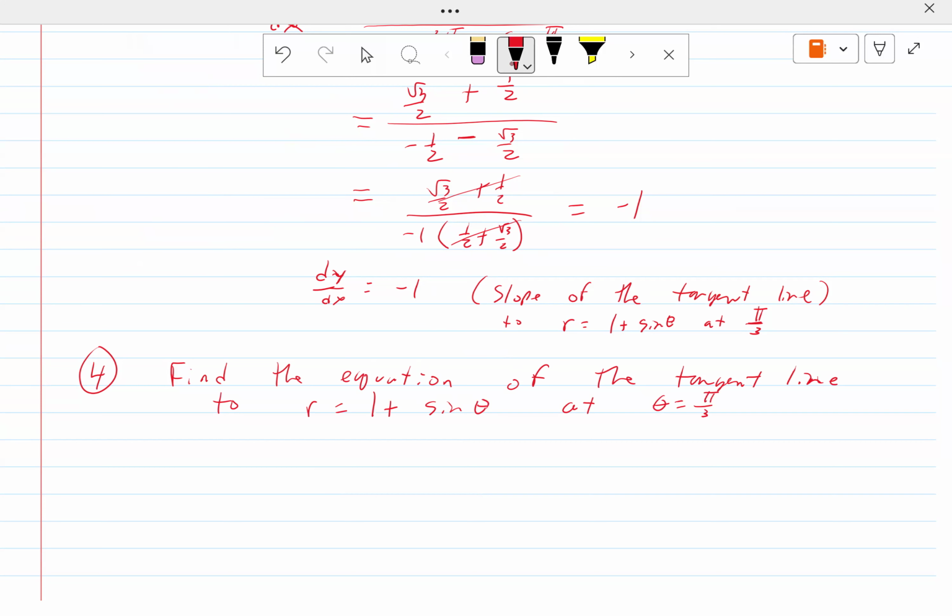We know that dy dx is equal to negative 1. That's from example 3.